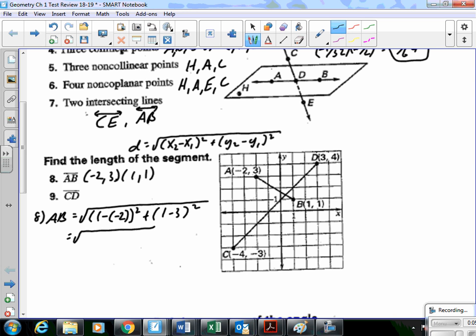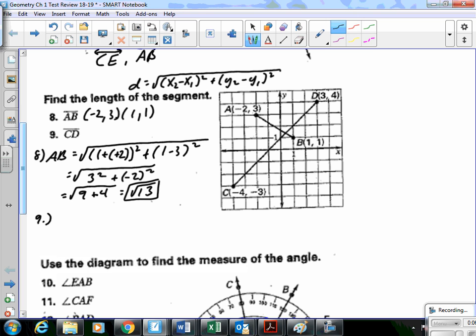So 1 minus -2 will be a double negative, so that becomes positive. 1 plus 2 will be 3 squared. 1 minus 3 will be -2 squared. If I square 3, I get 9. -2 squared will be 4. And so the square root of 9 plus 4, or the square root of 13, which is a prime number, doesn't have a perfect square root and doesn't simplify, so we leave it as the square root of 13.